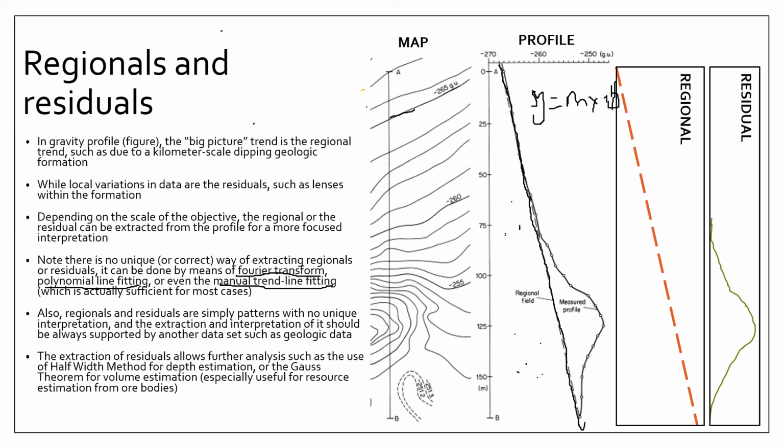So the y coordinate is equal to the slope of this line, or the rise over run, times the x coordinate plus the y-intercept. So it's that simple. Once you have that line, you can calculate the value of the regional throughout this plot, and then you can subtract this value from this anomaly profile, and you will get the final residual value.